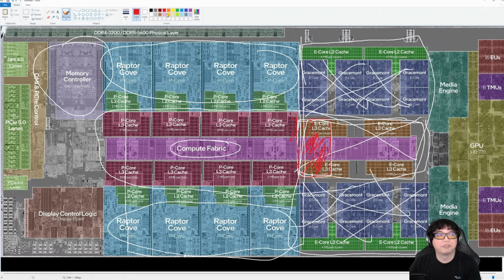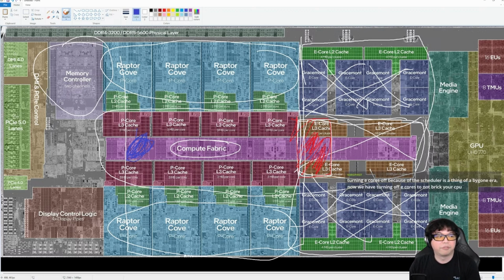If the defective section is, say, over here, like let's say this part is defective, turning off the E-cores isn't going to fix the problem because the problem is actually here. So the way I would troubleshoot this, if I had a CPU with this problem and wanted to figure out what area was defective, I would start downclocking certain P-cores until I eliminate the problem.